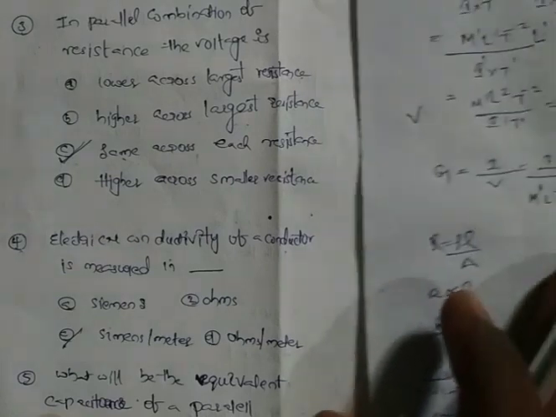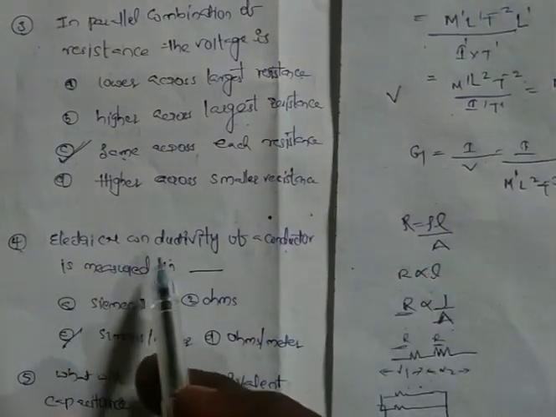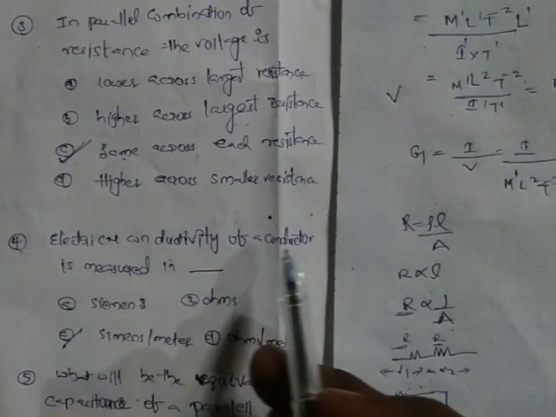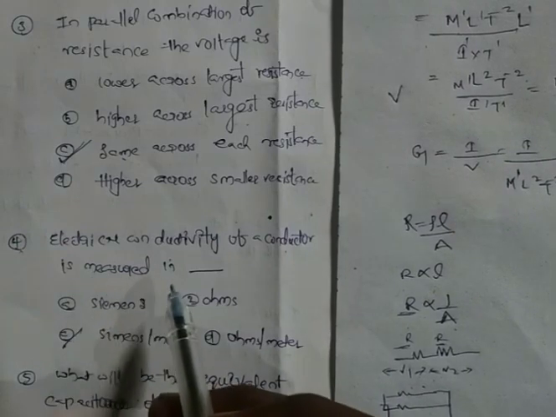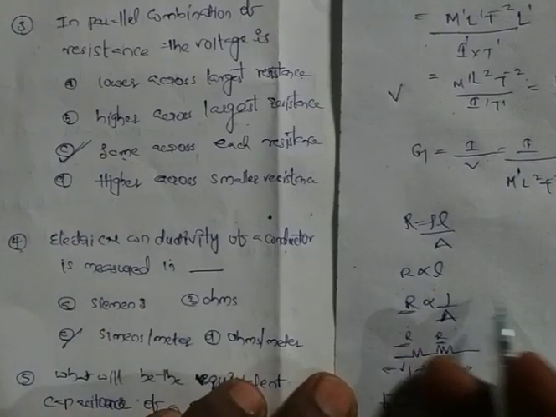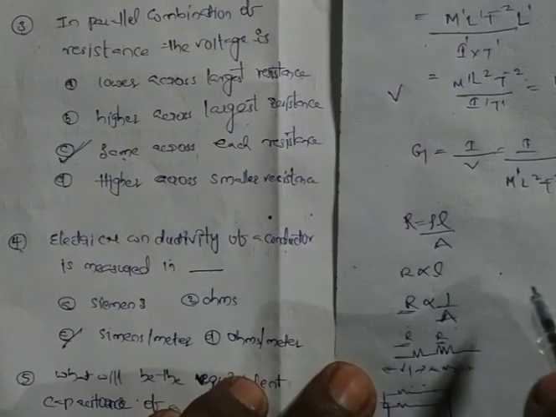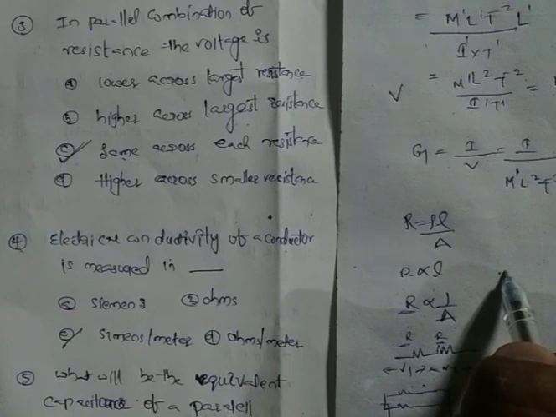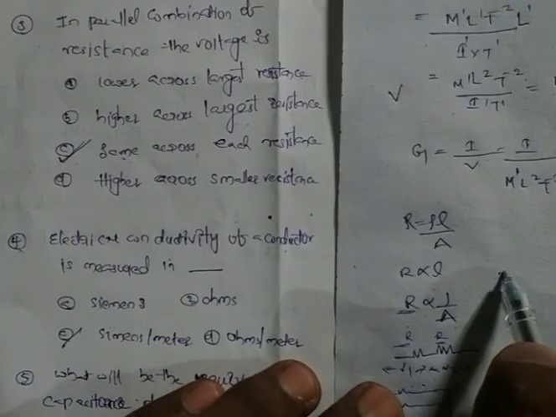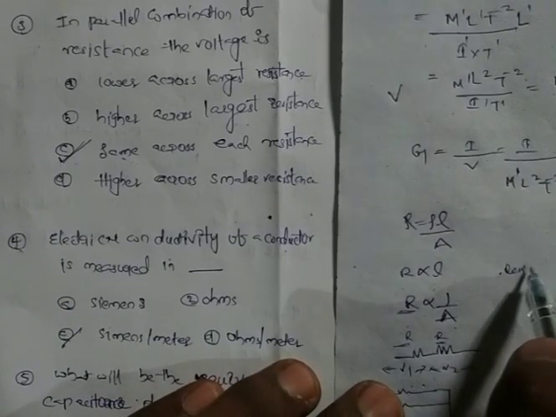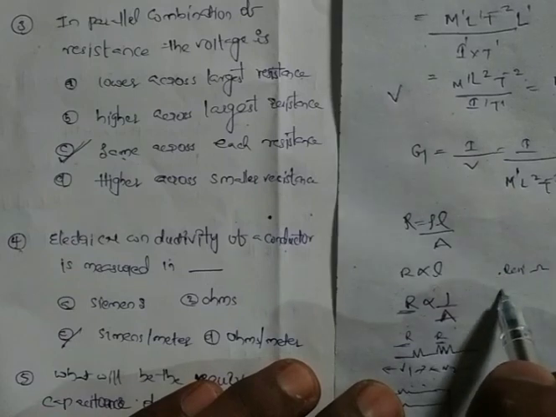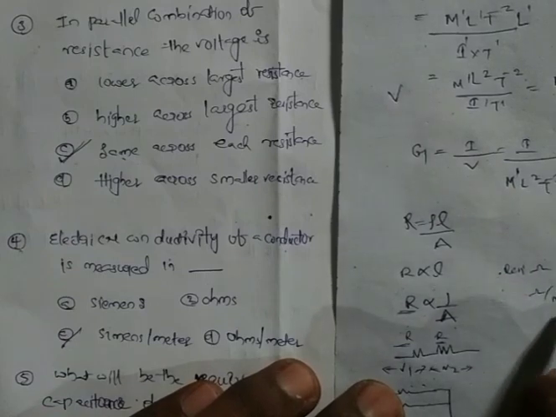Move on to the fourth question. Electrical conductivity of a conductor is measured in dash. For example, resistance is measured in ohms, but resistivity in ohm per meter.